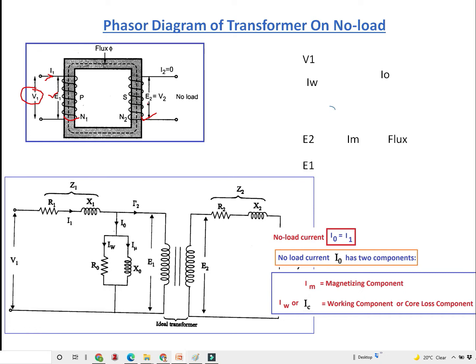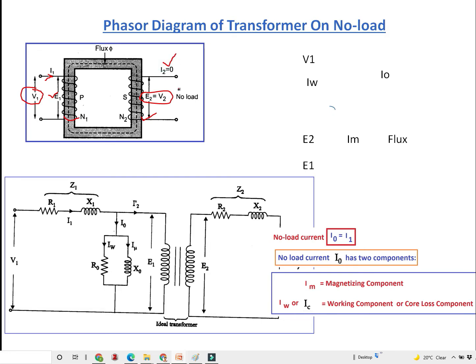In no load, E2 is equal to V2. V2 is nothing but the terminal voltage of the secondary winding. Here there is no load, so the terminal voltage and the induced EMF are both the same under the no load condition. And the secondary current I2 is equal to 0 because there is no load.